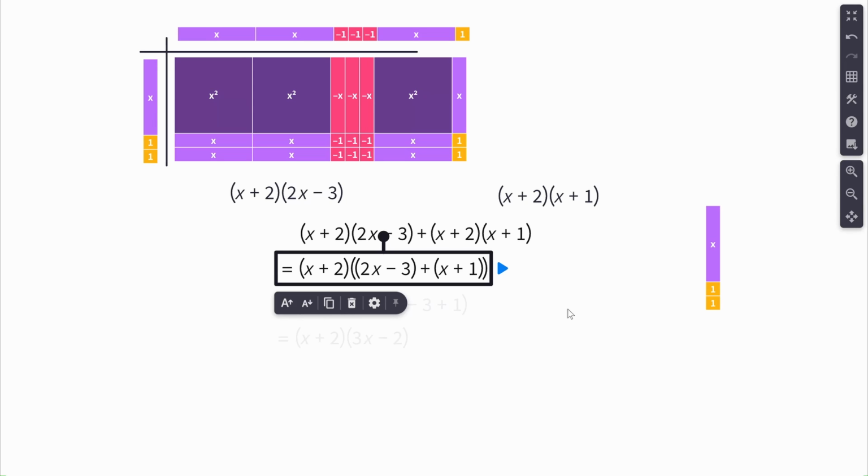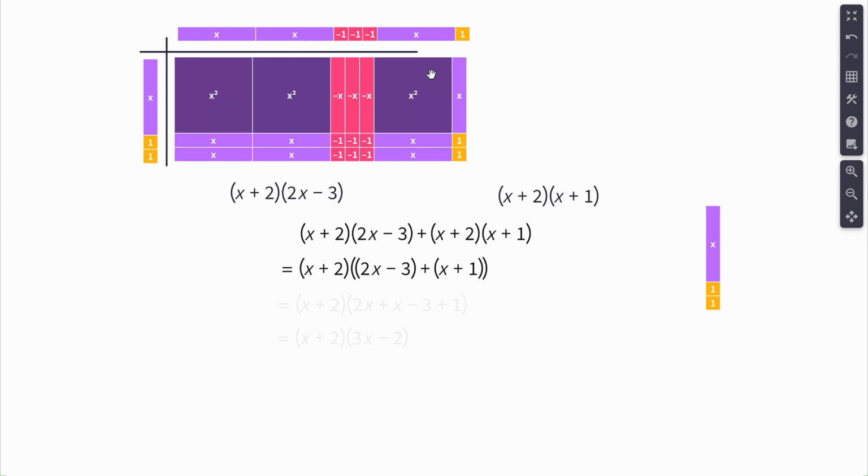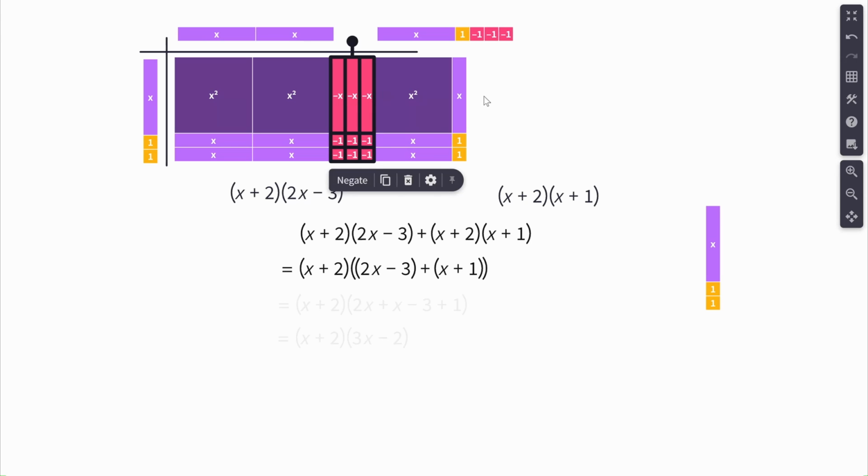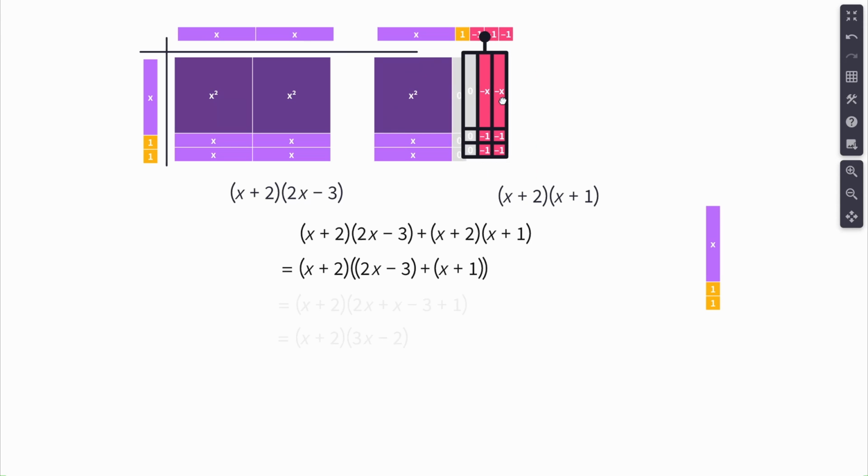I'm going to go ahead and do it with the algebra tiles, and let's shuffle some things around a little bit just to make this look nicer. So what I want to shuffle around here is, let's take these -1s. Let's move them over here by the 1. And when we do that, we need to move these other pink tiles over there.